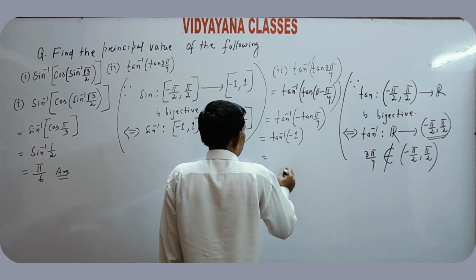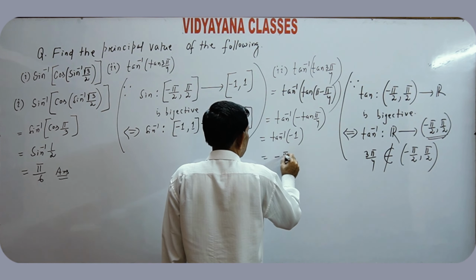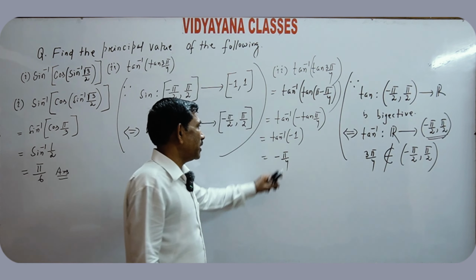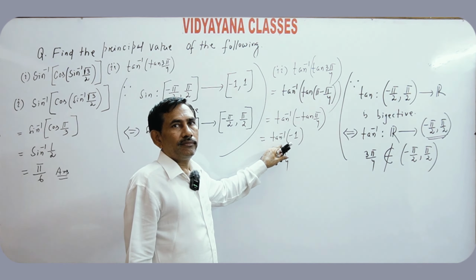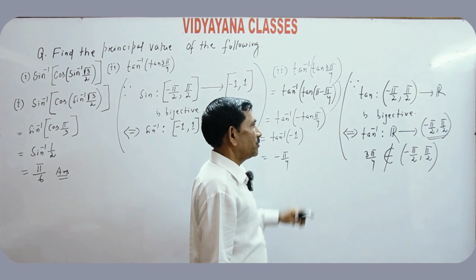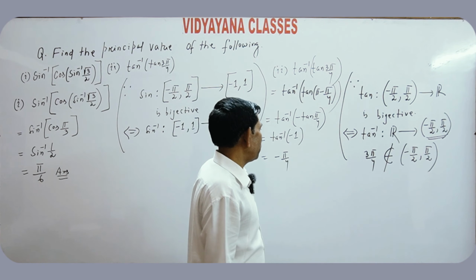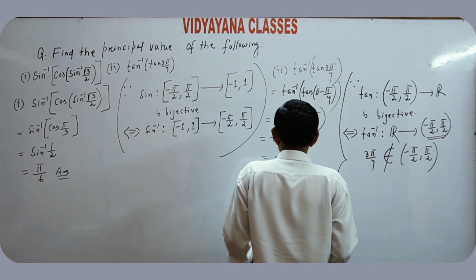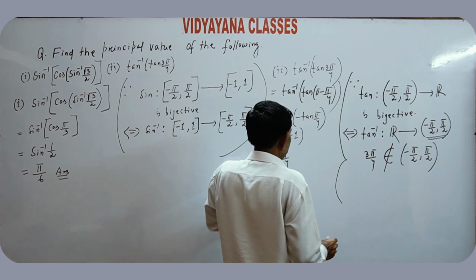That is minus pi by 4. So tan inverse minus 1 is equal to minus pi by 4.